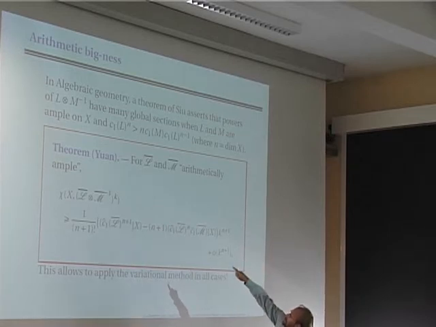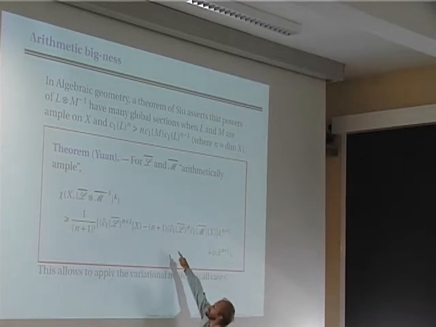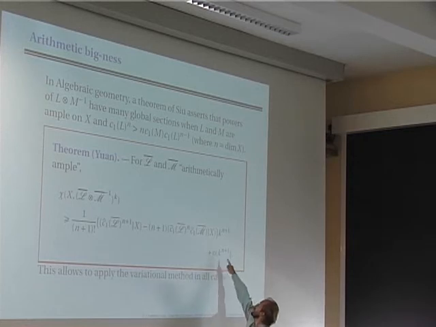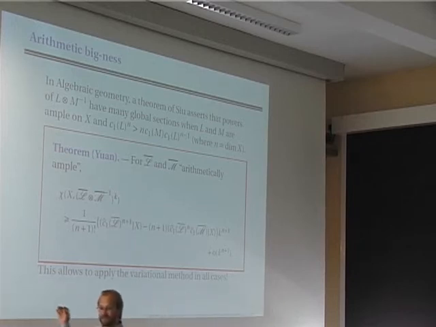You see you have the difference of the height and the difference of minus C1 M bar times C1 L bar to the power n, times k to the n plus 1, plus some error term, which I won't write. And so this inequality allows you to apply this variational principle in general.